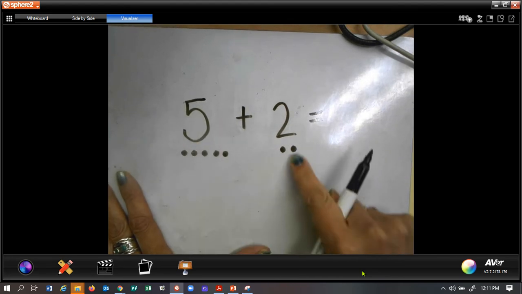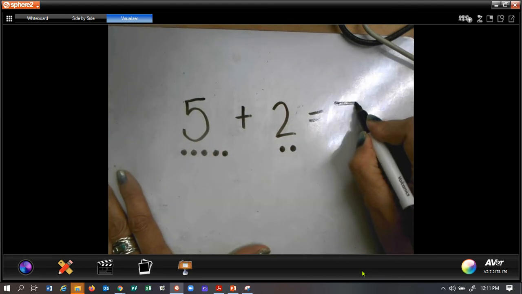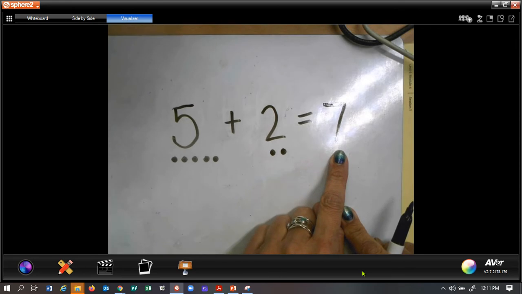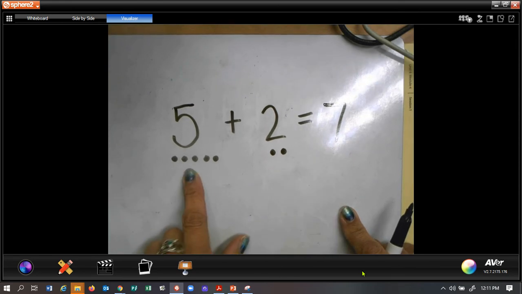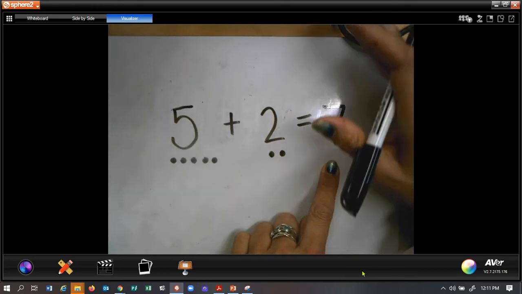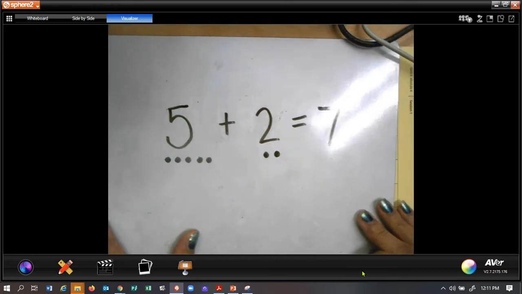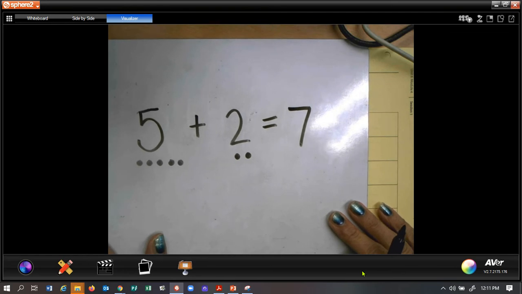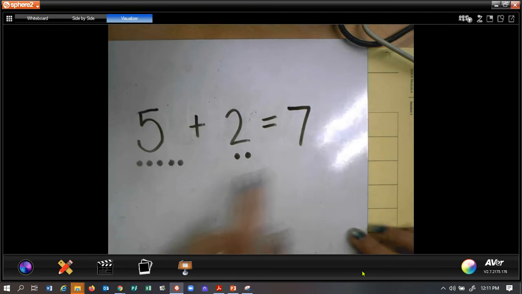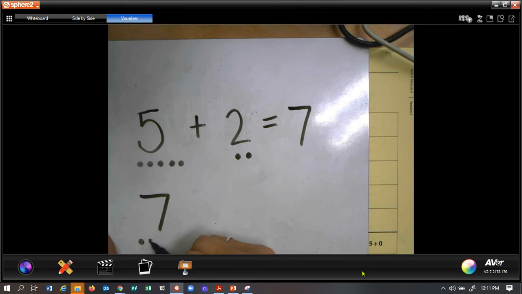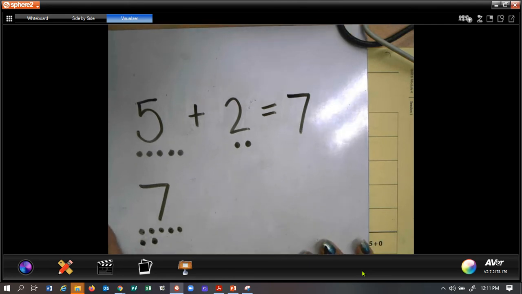If I was to put all of these together, the whole amount that I have is 7. 5 dots plus 2 dots is 7. So when we subtract, we would start with the 7. 1, 2, 3, 4, 5, 6, 7.